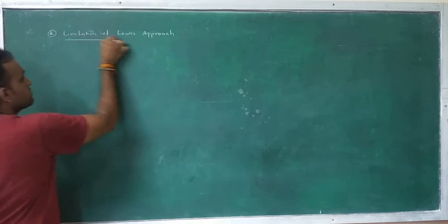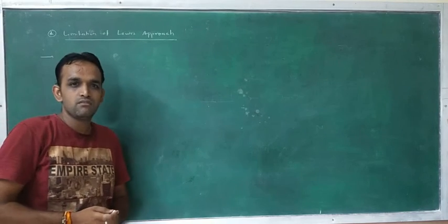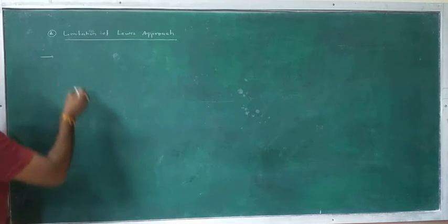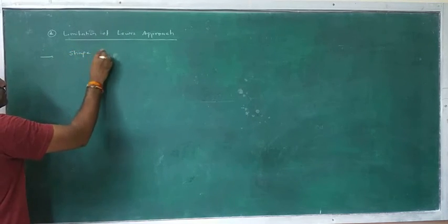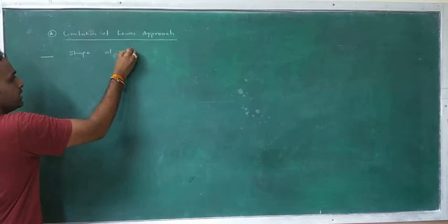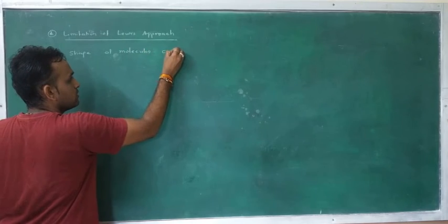Which are the limitations of the Lewis approach? First one, he says that the shape of molecules cannot be known with the help of the Lewis approach.